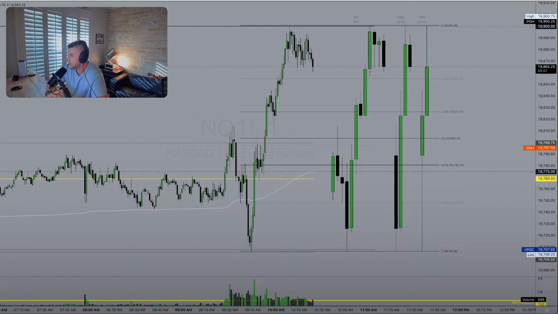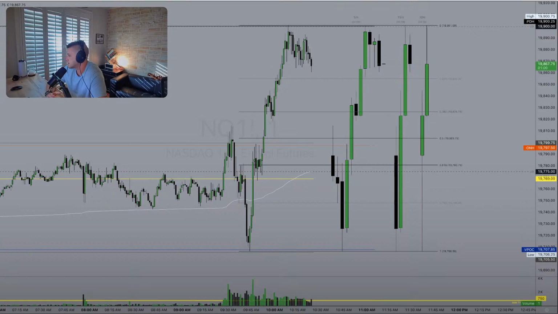NQ pulling in a bit more, into the shallow fib. Shallow fib right there for the intraday move, just as a reference point.